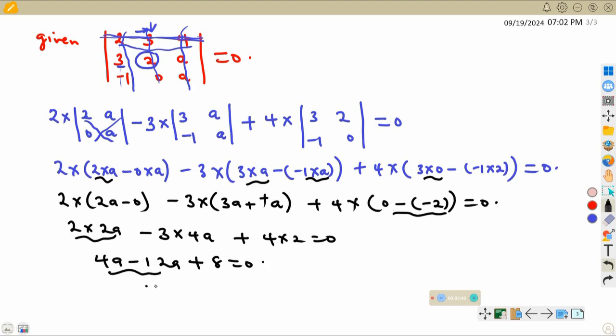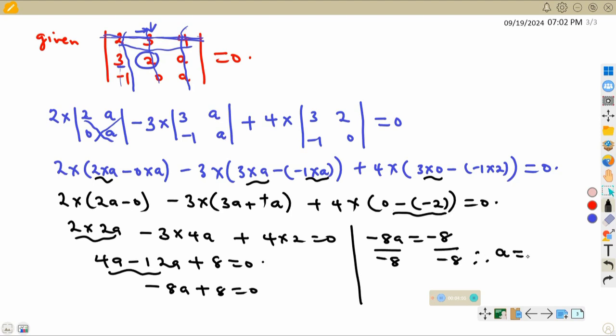So this one here will give us -8A plus 8, which is equal to 0. Basically we shall have -8A equals -8, divided by -8 on both sides, and this will imply that our A will be positive 1. So we are able to get the value of A. The value of A is 1.